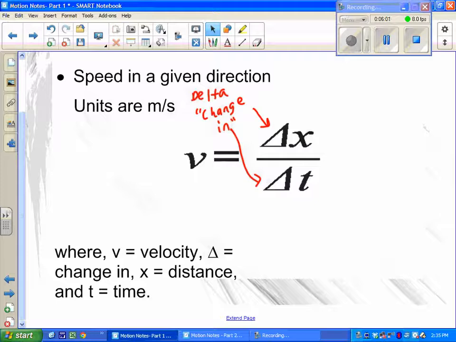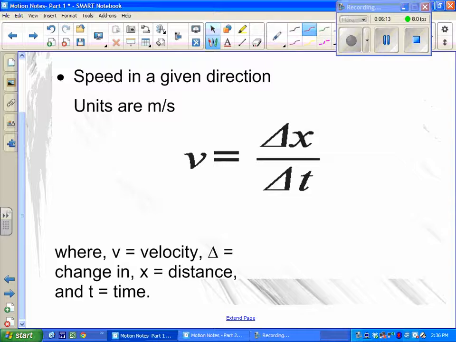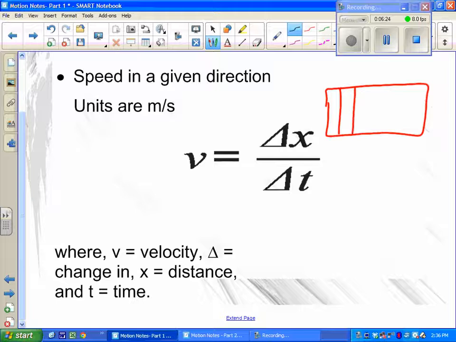Most of the time, we can just avoid the delta, avoid the triangle. It's really not needed most of the time. When it is needed is if you're not starting from zero. And I kind of explained this in class. If you have say a football field, and you have the 10-yard line and the 20-yard line and the 30 and the 40, you have all these different yard lines.